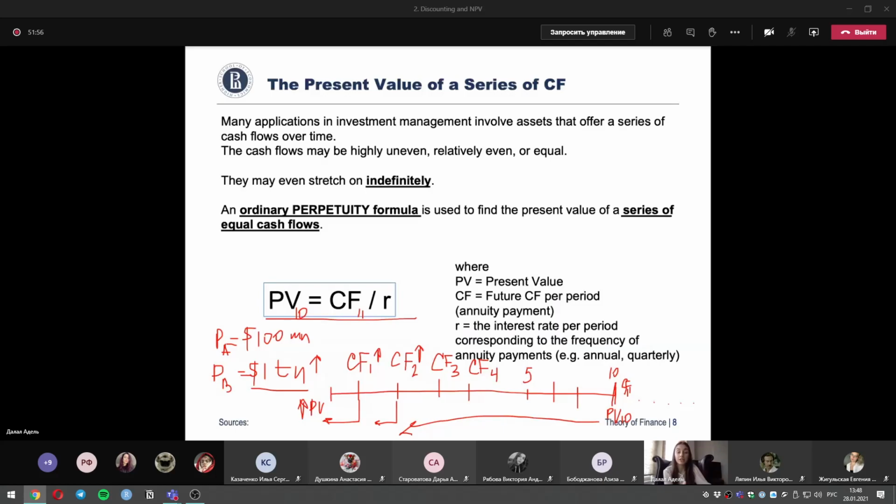Even if you sell this company, then the other owner of the company will get these cash flows. So it's one of these financial assets that we can apply this formula to: real estate, companies, shares, equities, and some perpetual types of bonds.